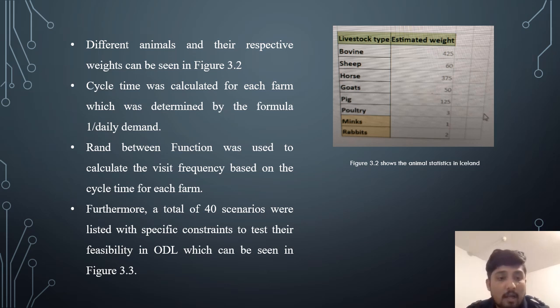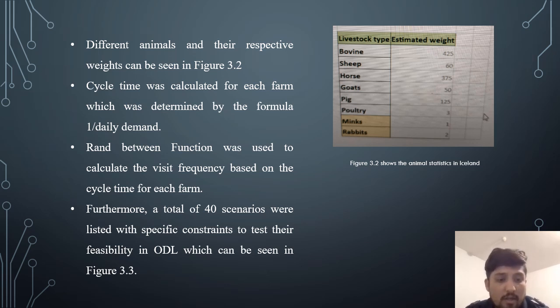Then the RANDBETWEEN function was used to calculate the visit frequency based on the cycle time for each farm, using the cycle time in the proper intervals to get the visit frequency, which can be 1 day, 2 days, or 3 days. Visit frequency means in how many days we have to visit a particular farm, and it was calculated using the RANDBETWEEN function.